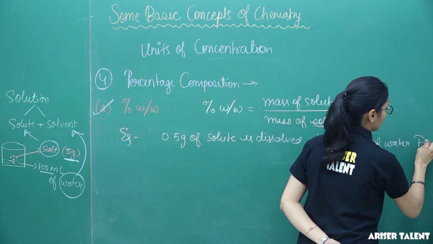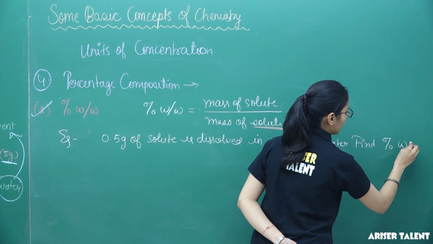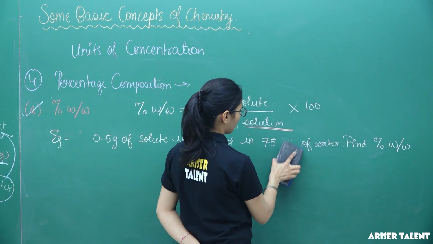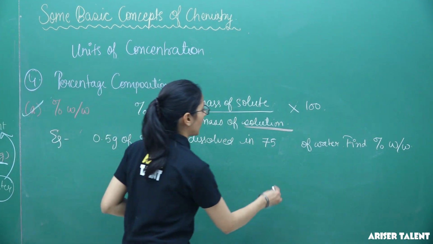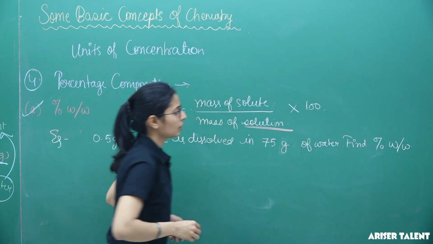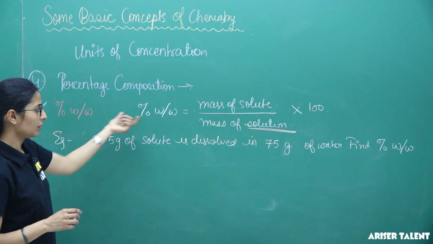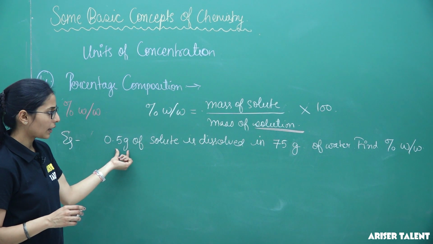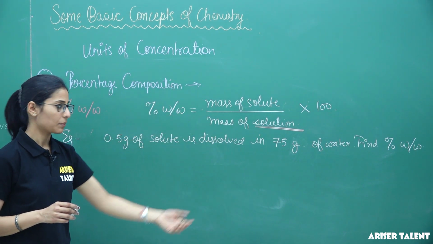Find the percent weight by weight. I have written the formula for weight by weight, so I am putting this in grams. It will be more convenient for you to understand. Here the solute value is 0.5 grams, and the solvent given to us is also present in grams.